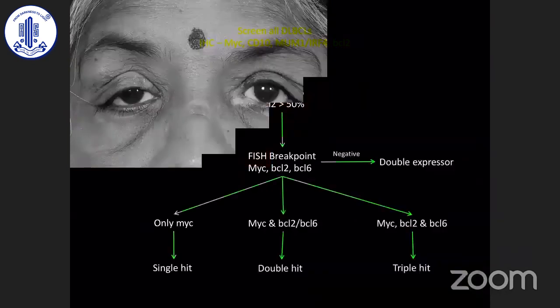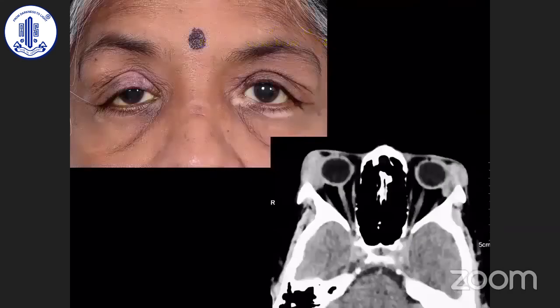Now, it has also been shown that single hit lymphomas respond to R-CHOP treatment, whereas the double hit and triple ones do not respond very well to R-CHOP treatments. In addition, they might need R-EPOCH or CODOX-M treatment, which is given in Burkitt lymphomas. Hence, FISH and immunohistochemical analysis of DLBCLs is very important.